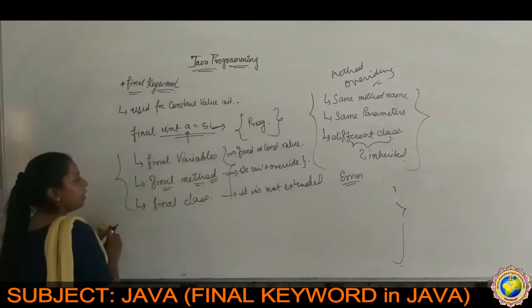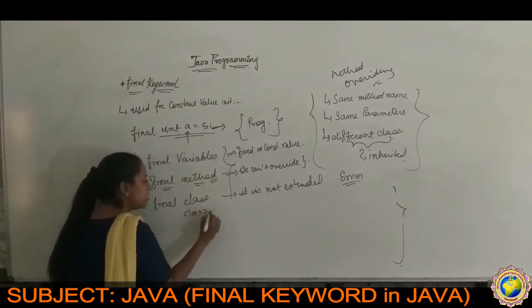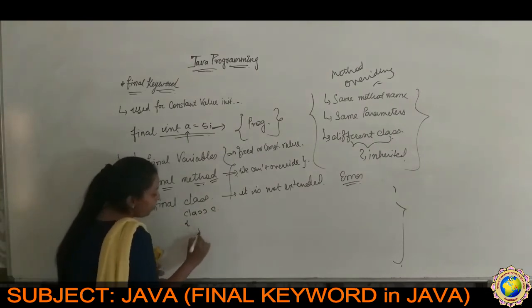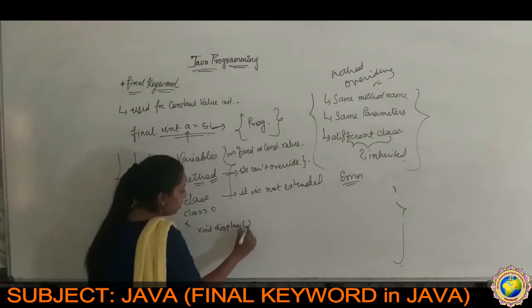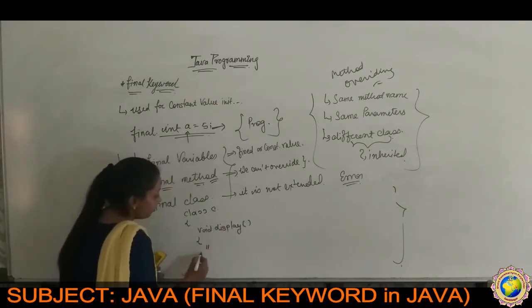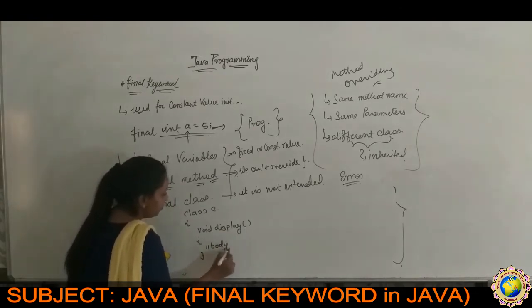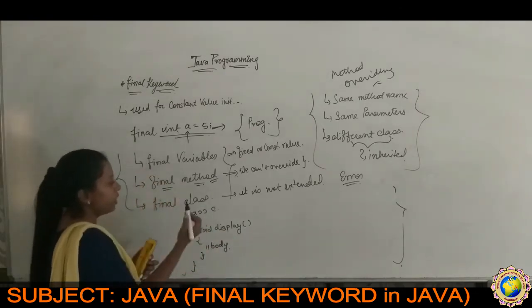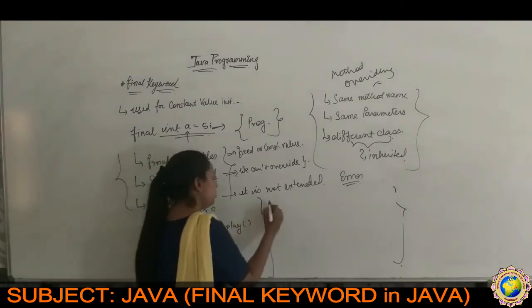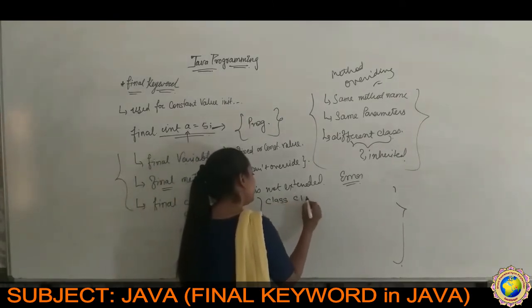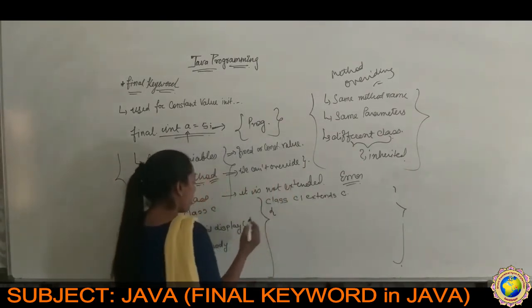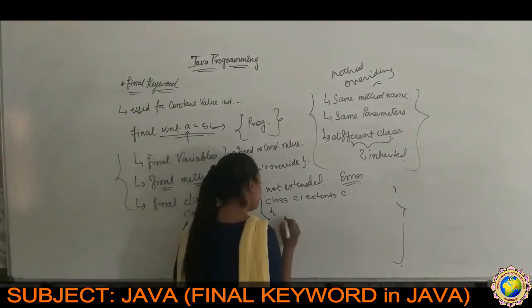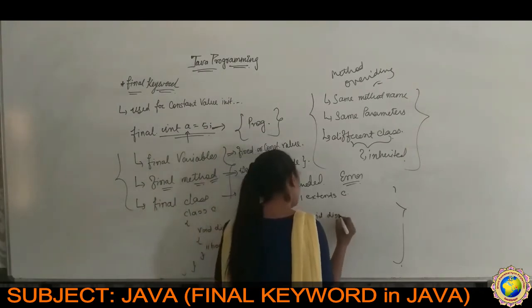Let's see. Class C, void display, and whatever the body is there. So this is one class, and class C1 extends C, and public void display.